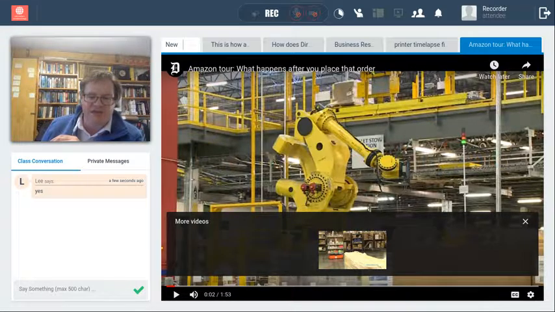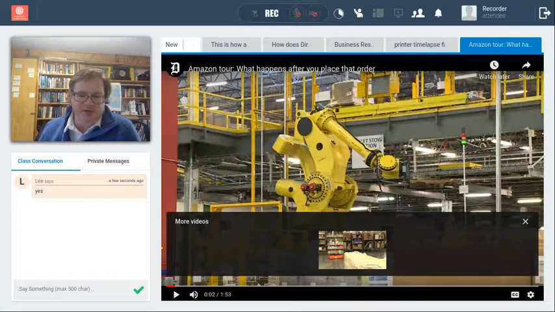You've got staff involved in the preparation and packing of stuff that's going out the door, and of course you've got the robots moving stuff back and forth and around the stacking facility.